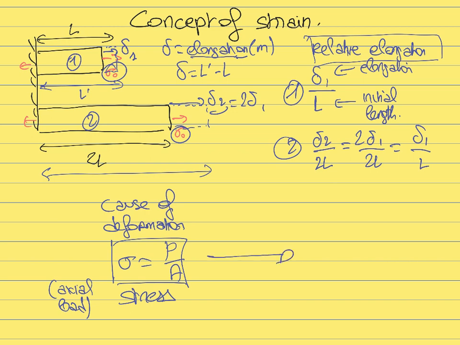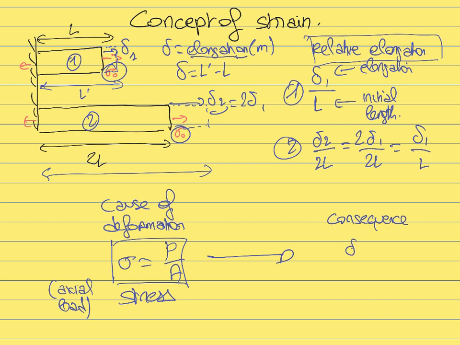What we are going to see now is the consequence of a stress being applied to a member. The consequence will be a deformation, but the right way to characterize the deformation is not simply the elongation of the beam, but the relative elongation.